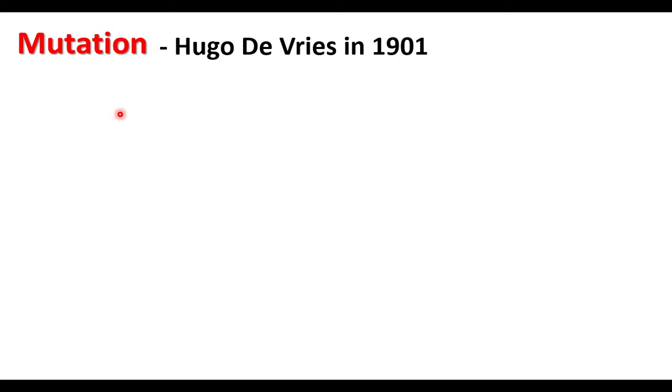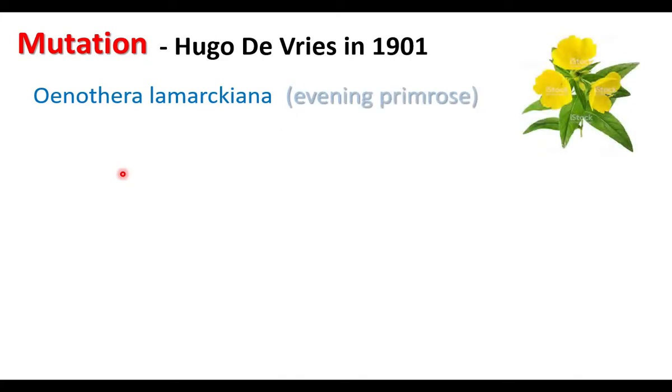Hugo de Vries introduced the term mutation based on his observation on the plant Enothera lamarckiana. This plant is called evening prime rose. This plant opens the flowers after sunset.